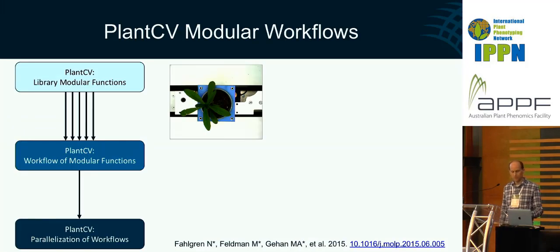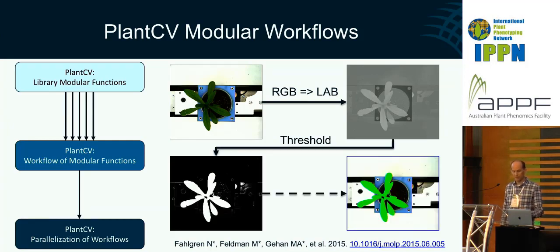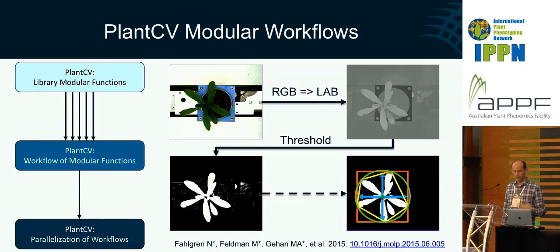So the way this looks would briefly be to take an RGB image, convert it to some type of grayscale color space that would ideally be selective for plant pixels, apply a threshold, apply many other steps to filter out background pixels, and then once you have your plant object, as we all know, you can then measure the physical properties of the plant, such as shape, color, things like that.